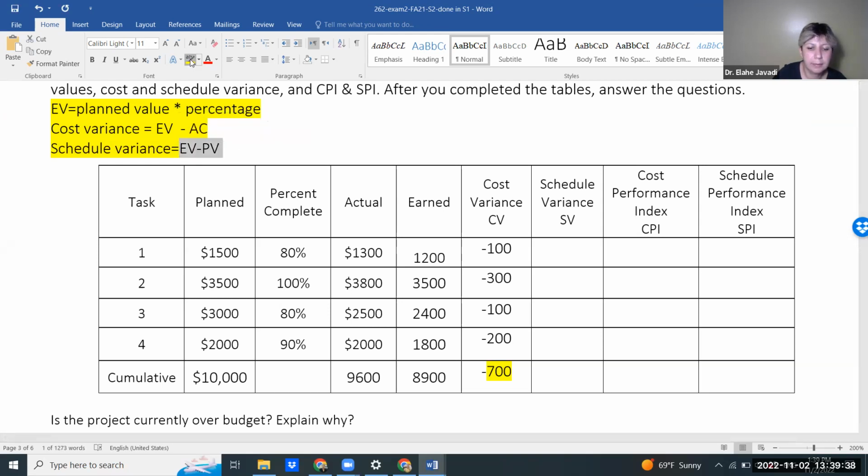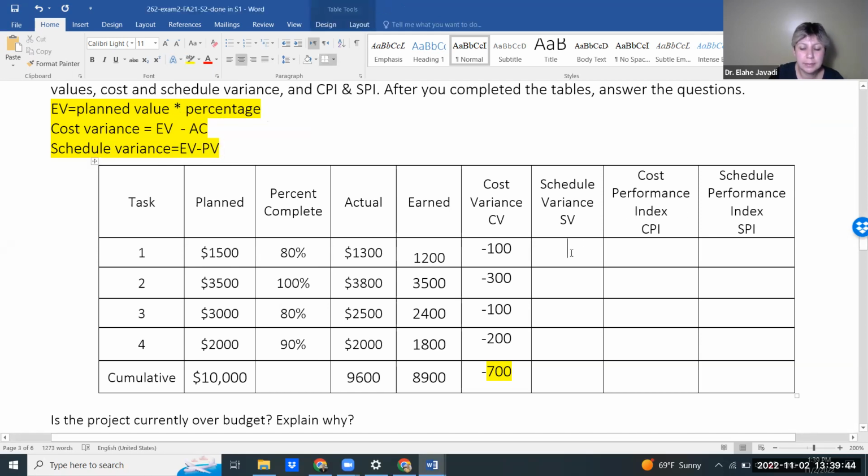Nicely done. All right, let's go one more round. Lauren, coming back to you. Give me a schedule variance for the first task. 1200 minus 1500, so it's minus 300. Yes, good job. It's behind the schedule. The value of work not completed, 300.